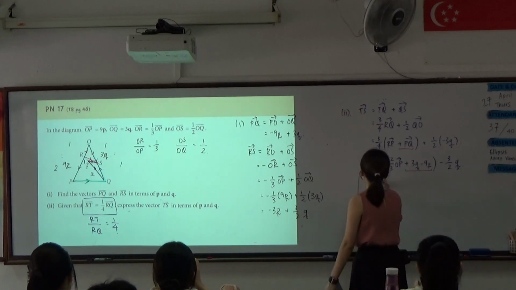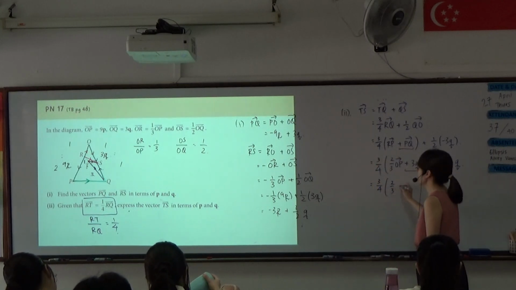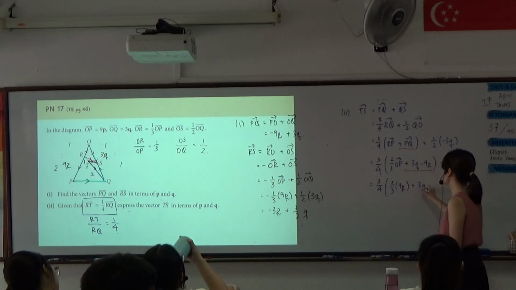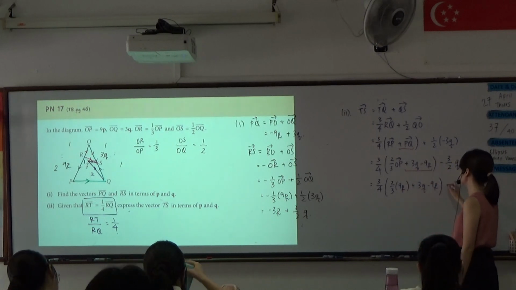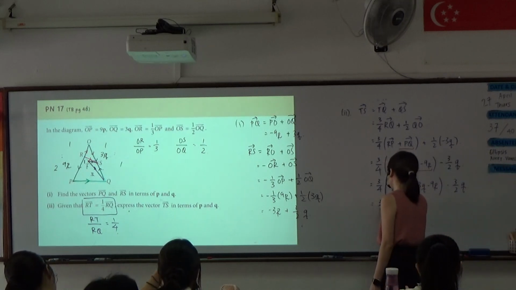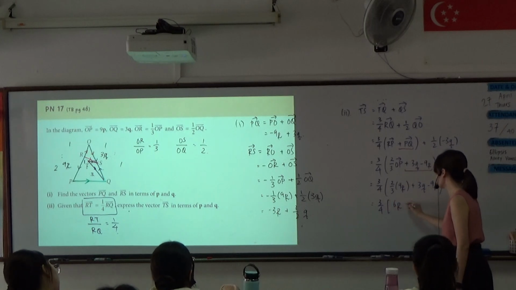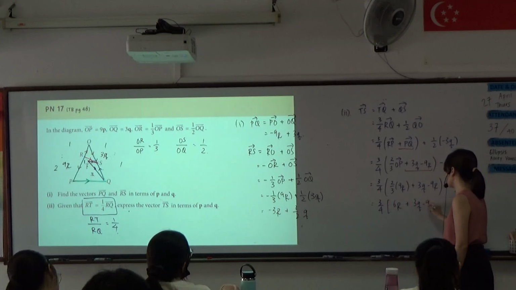And 2/3 of OP will be 2/3 times 9P. And then it reduces to trying to simplify our working.